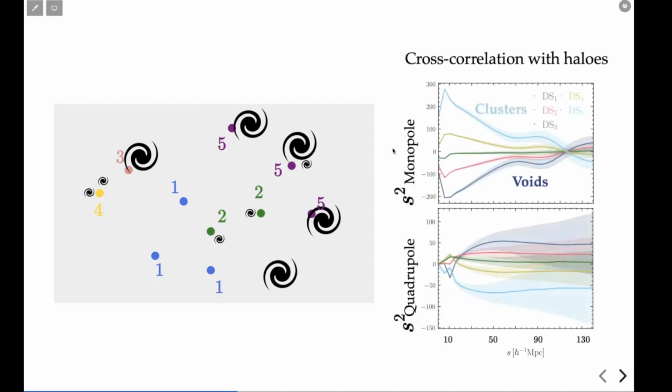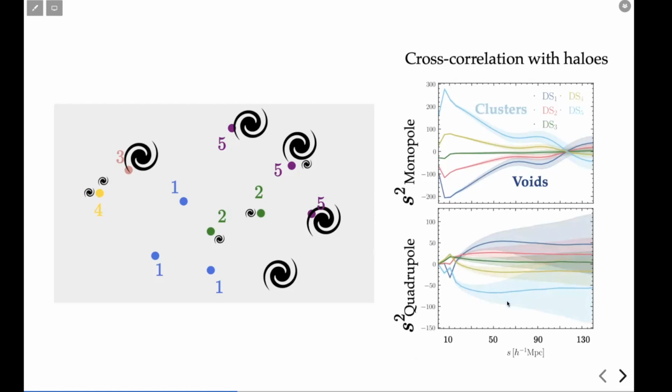If we look at the monopole and quadrupole, let's focus first on the monopole, which is easier to understand. You can see here that for void points, it's very unlikely to find a galaxy around, as you would expect. That's why it is negative. Whereas it is very likely for cluster-like regions. Again, you see the BAO peak in each of these environment regions.